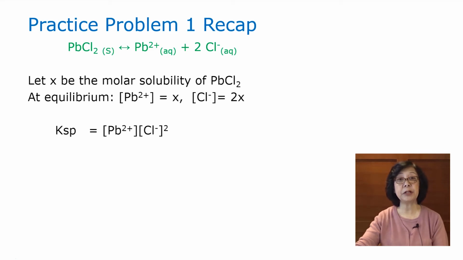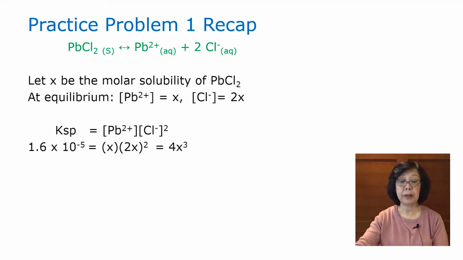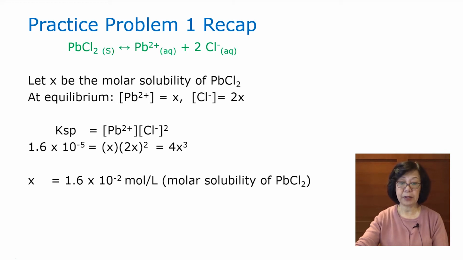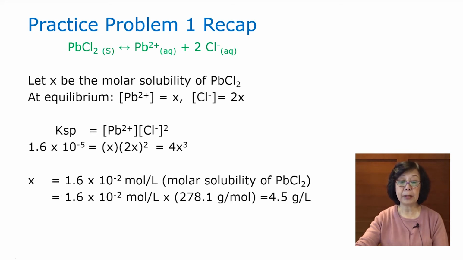Now we write the KSP expression equal to lead ion times chloride ion raised to the power 2. Please do not forget about the power 2. So let the KSP value be equal to X times 2X raised to the power 2, which is 4X cubed. Solving for that, X is 1.6 times 10 to the minus 2 mole per liter. Now that is equal to the molar solubility of lead chloride.